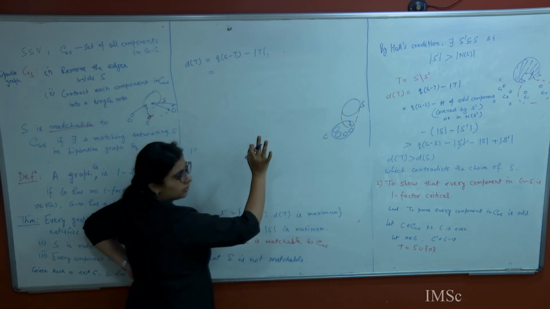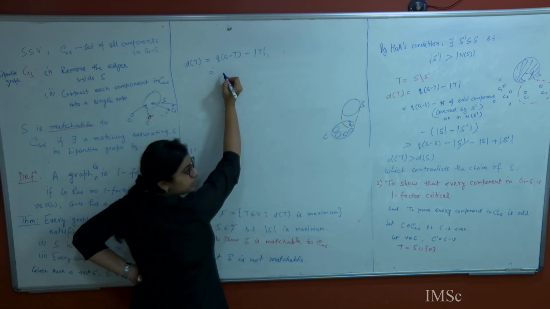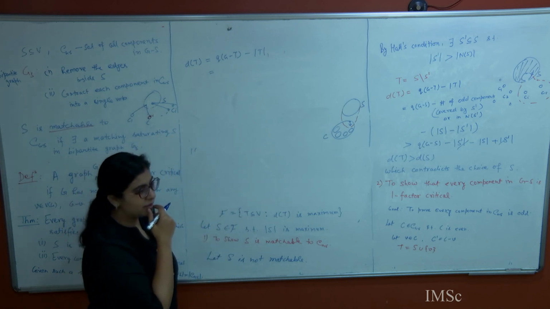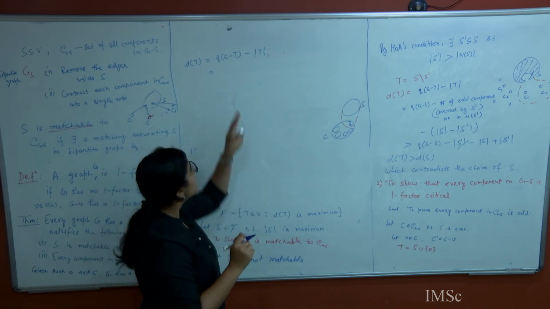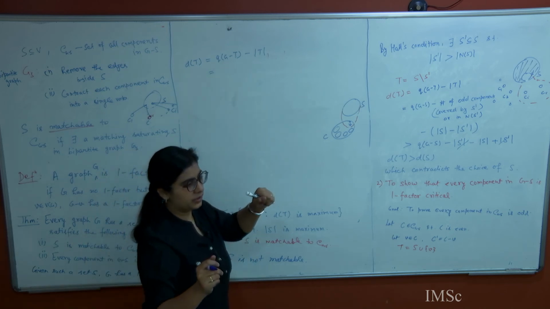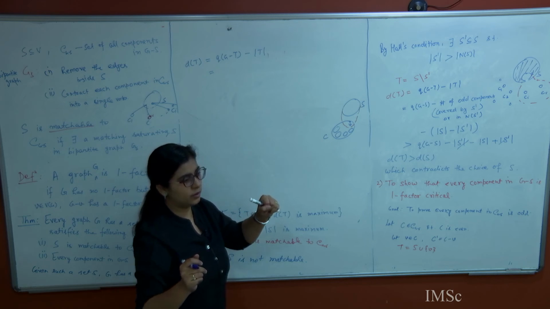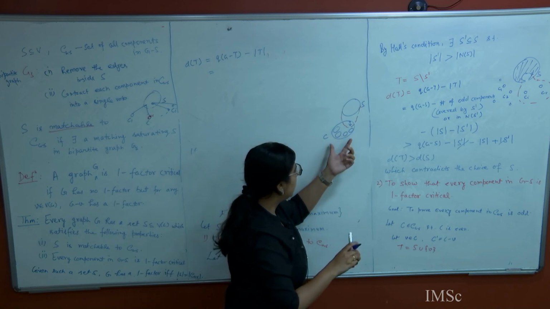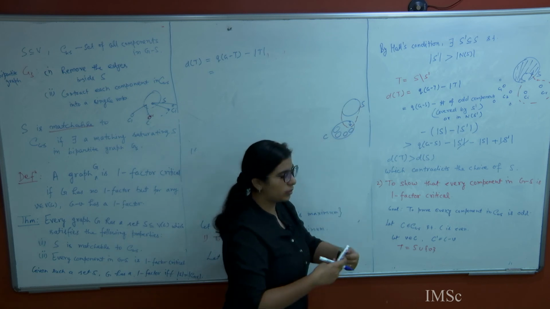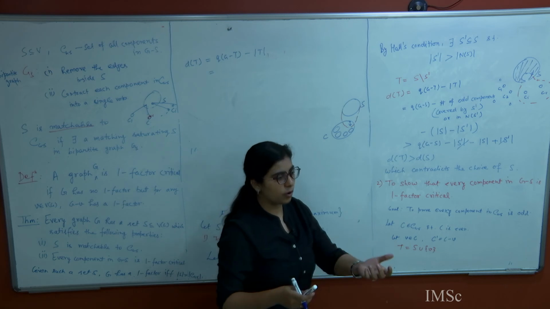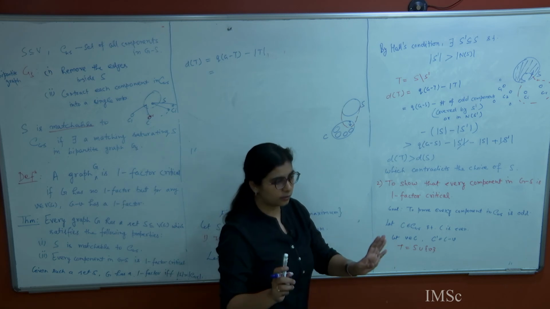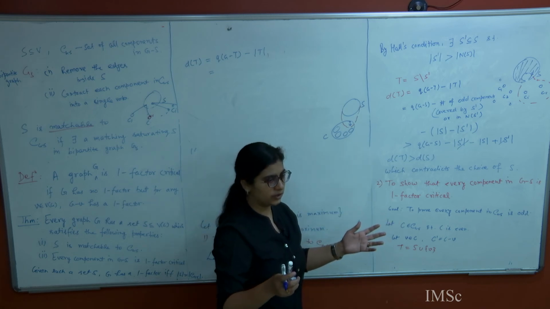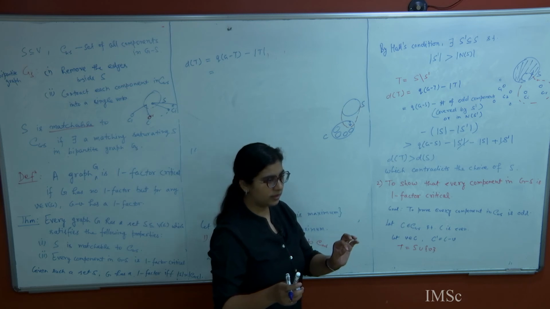We just argued that C will give you at least one new odd component. We may have more than one odd component, but at least one odd component is there, right?